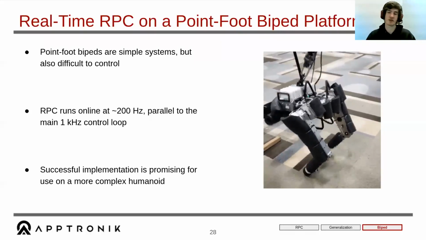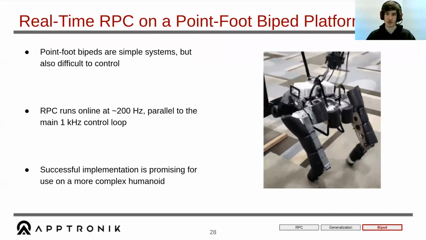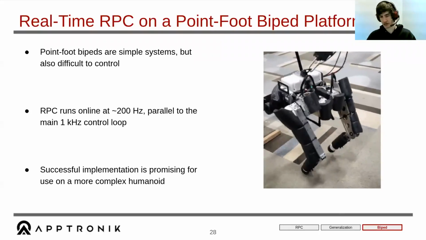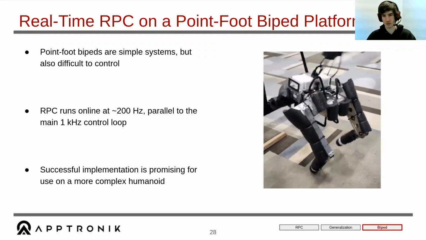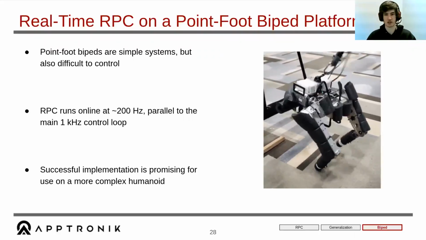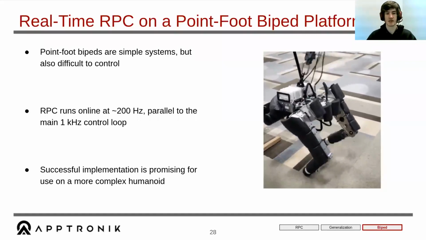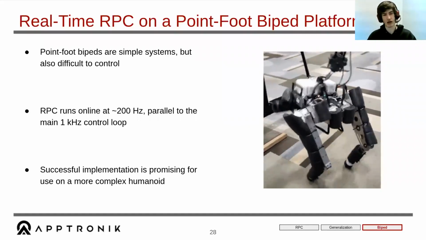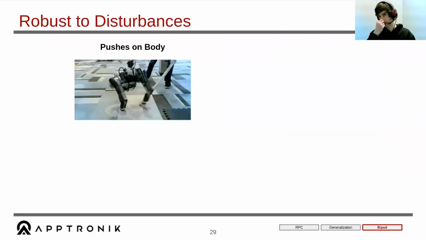The reason I'm excited about this is, although this biped is not particularly useful, a successful implementation of the nonlinear controller on this robot means it's promising to be used on a more complex humanoid.